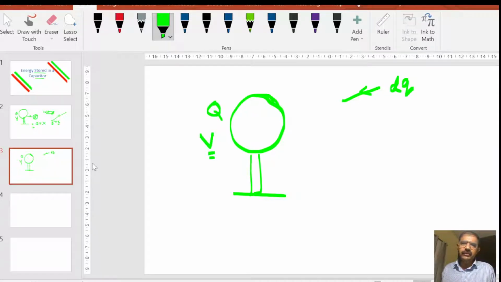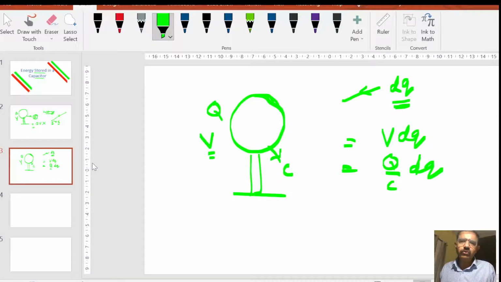Now if I bring the charge dQ, the amount of work done is V into dQ. What is V here? If the capacitance of this spherical capacitor is C, then V is Q by C, so the work is Q by C into dQ.